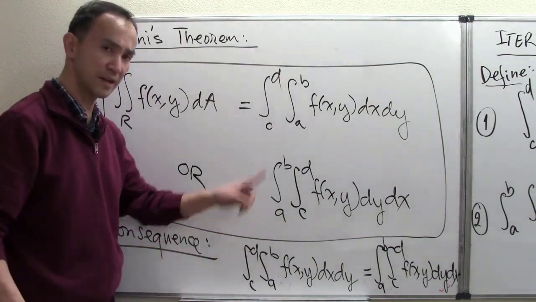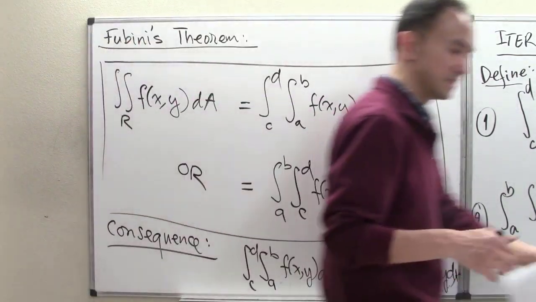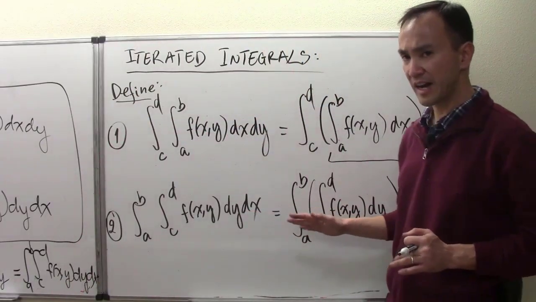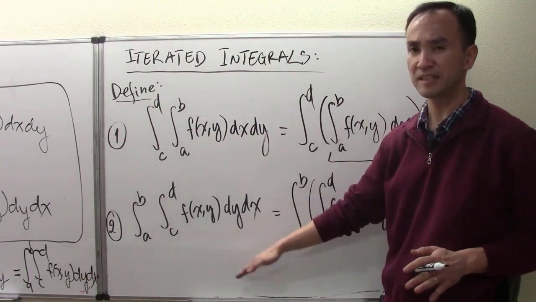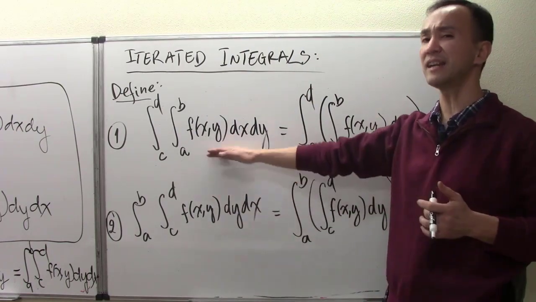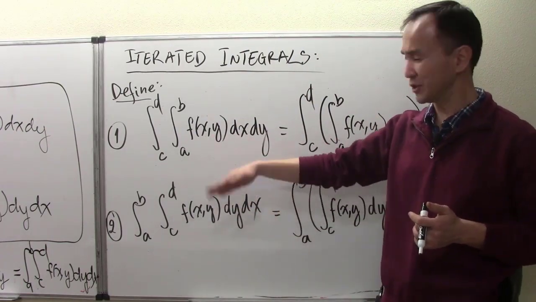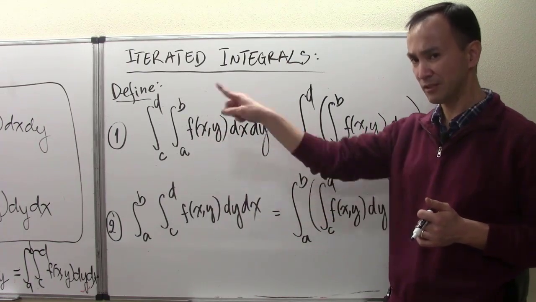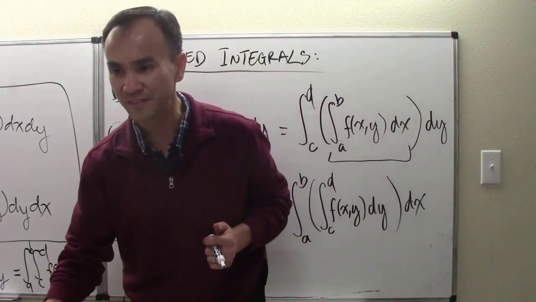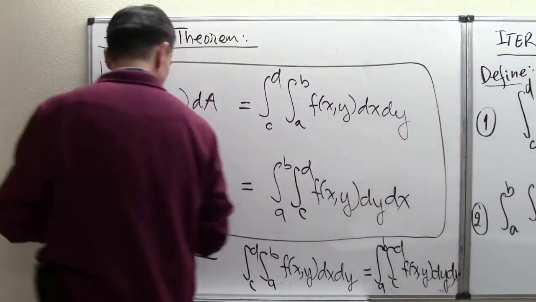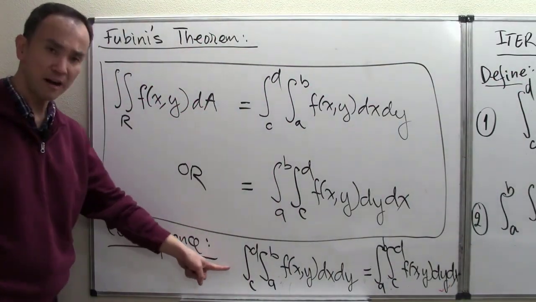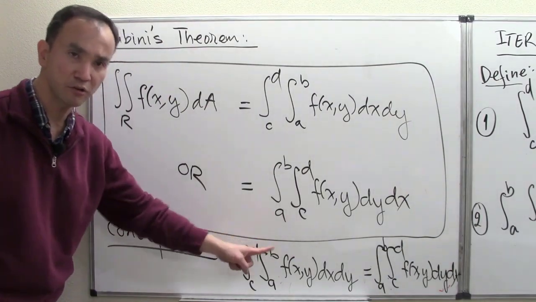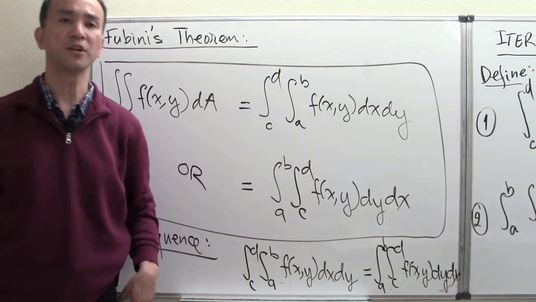Earlier, when I was giving the definition, I kept telling you to keep these as two separate definitions, and I didn't need anyone to recognize a relationship between them. But now, after studying Fubini's theorem, we also understand as a consequence that these two iterated integrals are always equal in final value.